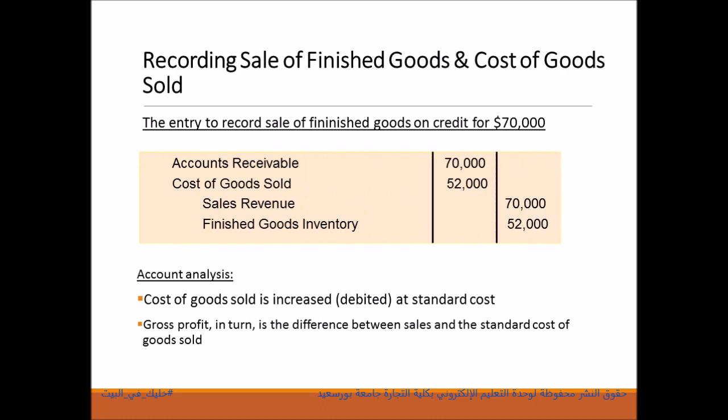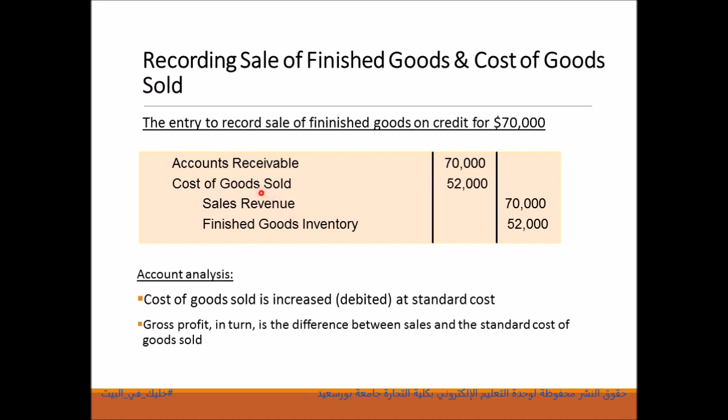Finished goods are sold for $70,000 on account sale. So we need to record the sale of finished goods and recognize cost of goods sold. To record the sale of finished goods on account, we increase, debit, accounts receivable and increase, credit, sales revenue.